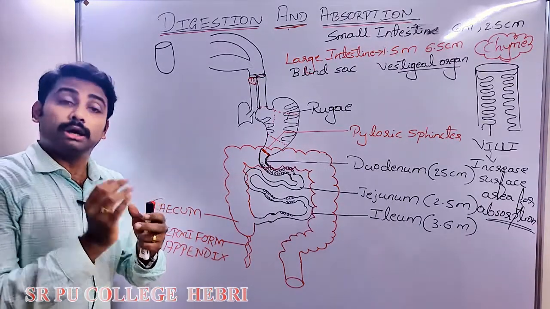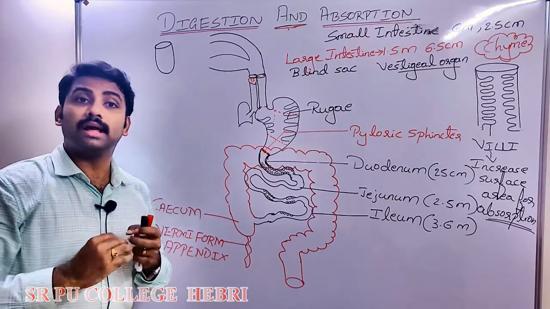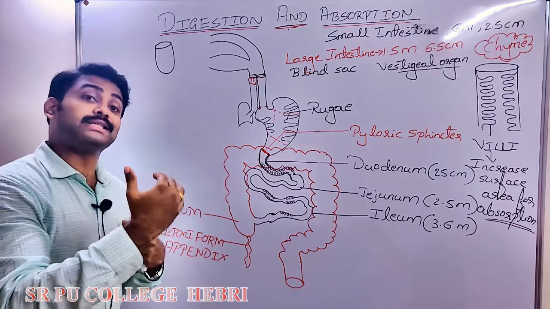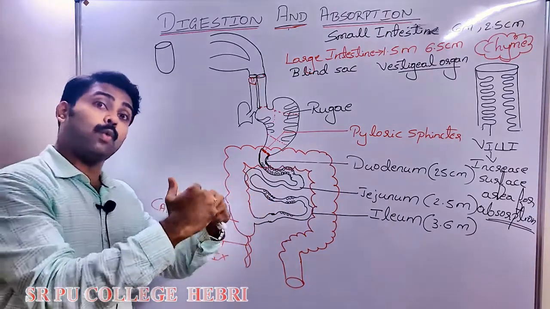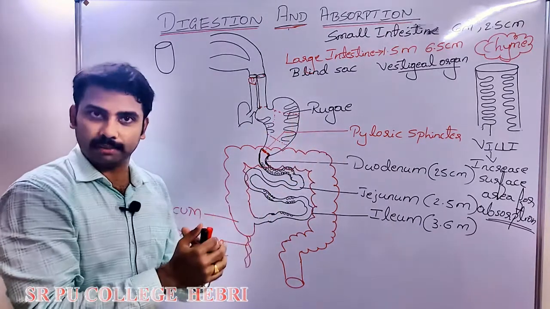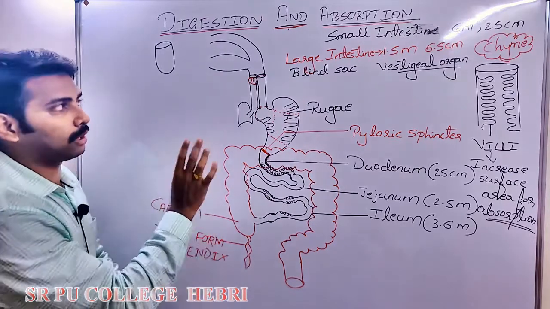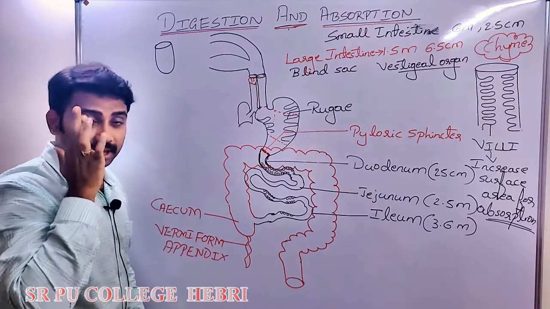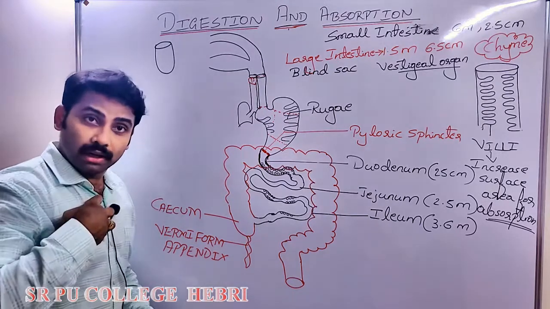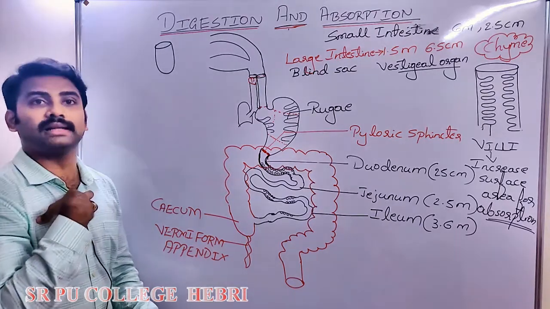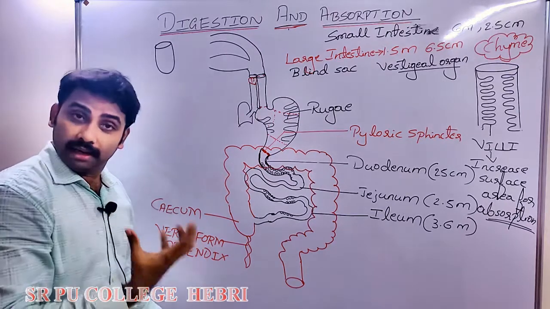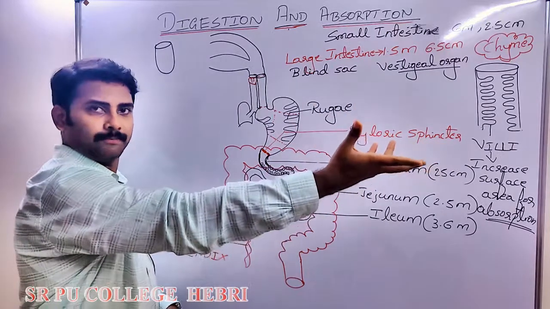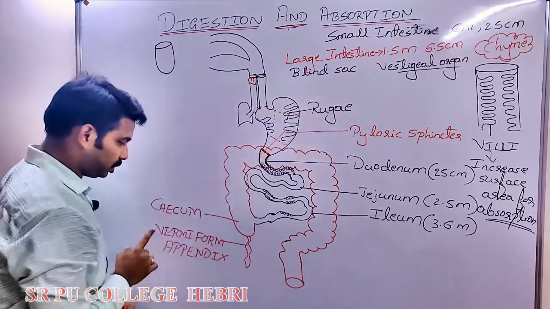The organ which is less functional and poorly developed in humans, whereas it is well developed and well functional in other animals. Such organs are called what? Vestigial organs. Note down the definition: organs which are poorly developed and less functional in humans, well developed and well functional in other animals. Such organs are called vestigial.